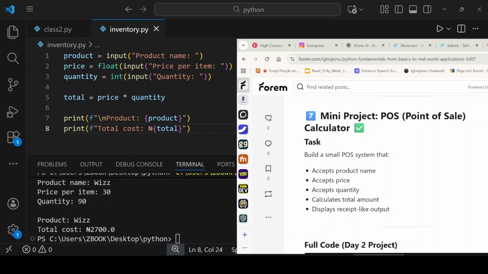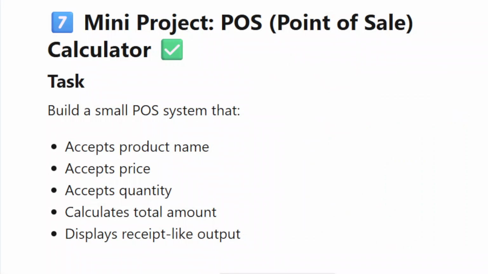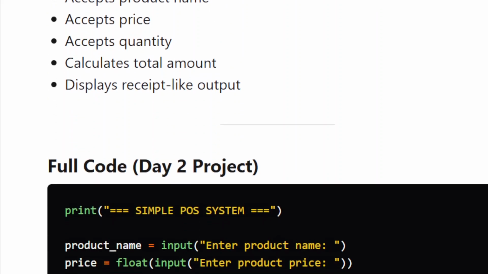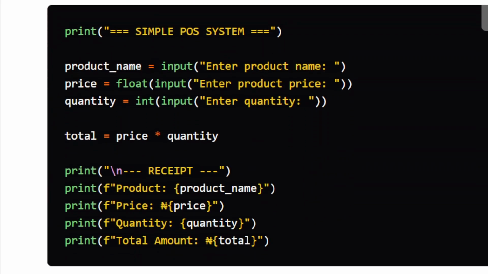Everything is available on the dev.to account. So the task was to build a POS system, and to get started I printed out just a simple POS system.